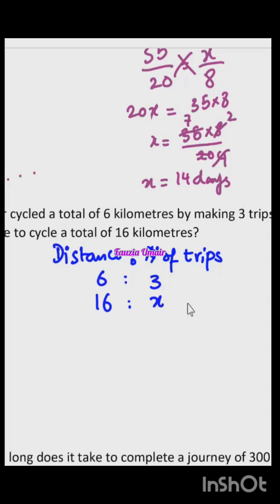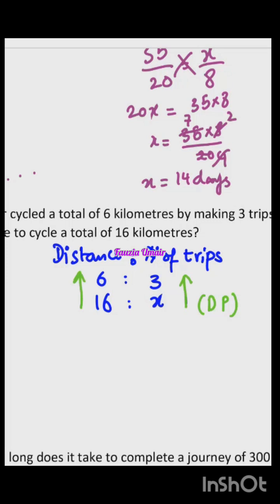Sorry. Bete, can you say this loudly, please? Direct proportion. Excellent. It is direct proportion. The more the distance, the more the number of trips. So arrows will go in the same direction.